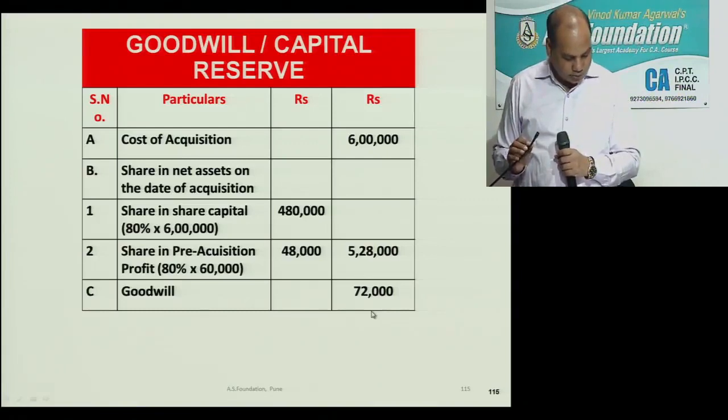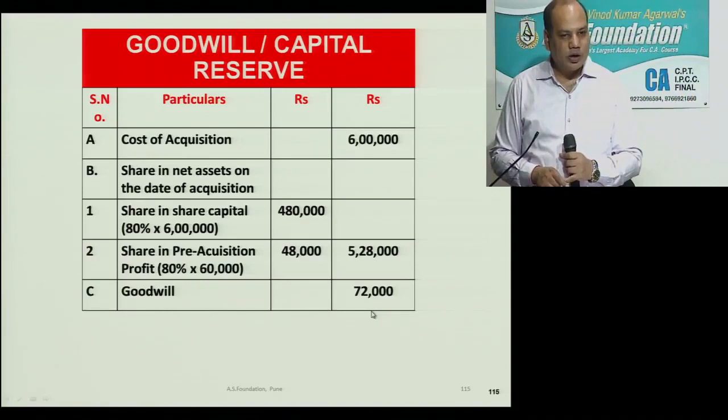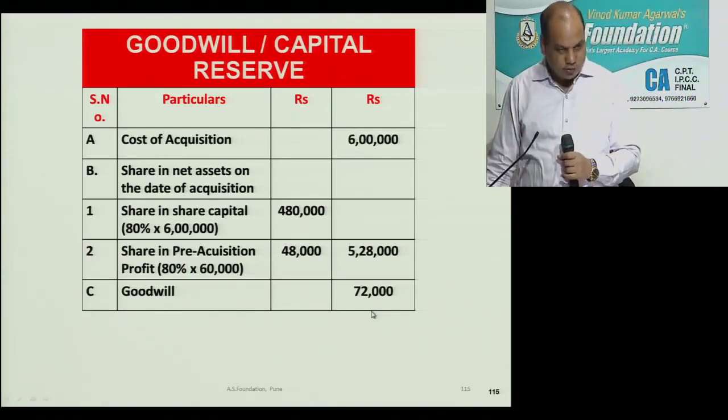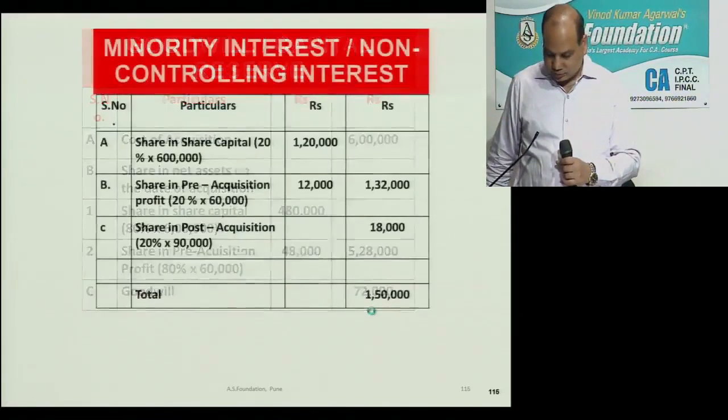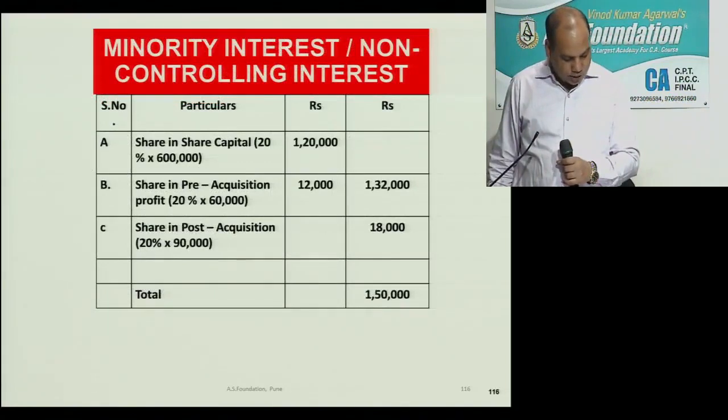Is it right? Now you calculate minority interest or non-controlling interest also. You are not moving, some of you. You are not giving me the answer, even though I have written the calculation also. What is minority interest? First you calculate minority share in share capital on the date of acquisition.